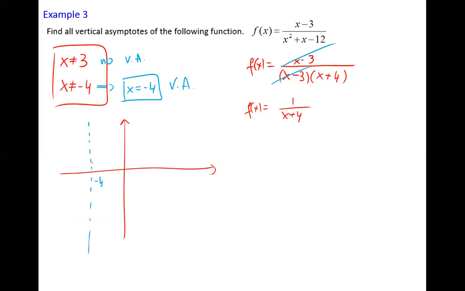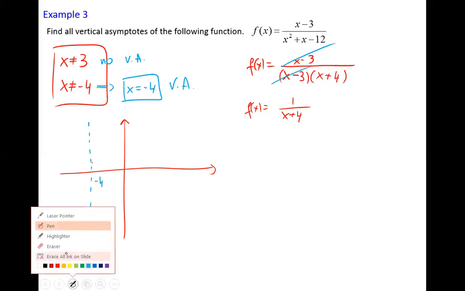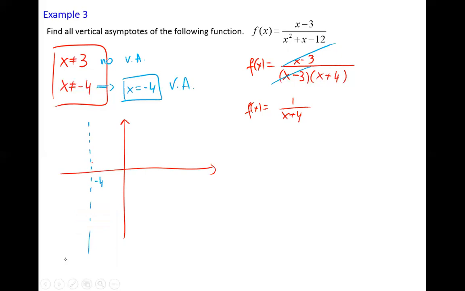Negative 4 is my asymptote. And function behaves, again, trying to check how function behaves at negative 4 from the left and from the right hand side. We have to find a limit. That means let's try how function behaves from the left hand side. 1 over x plus 4. That means this is 1. 4, it's negative 4.